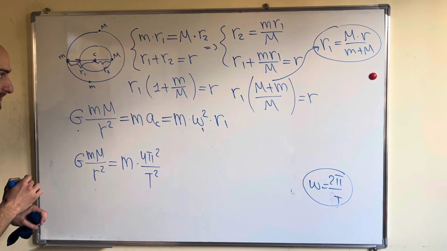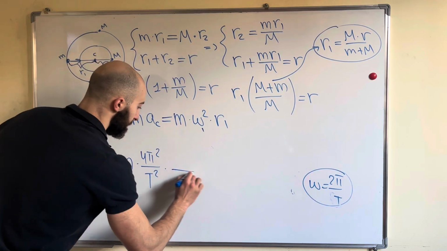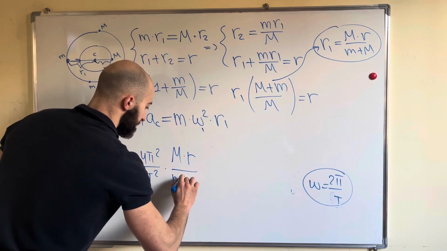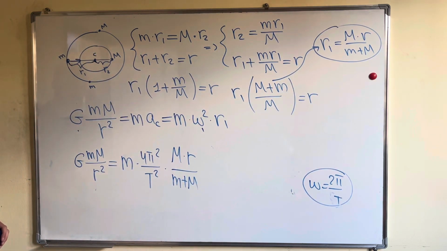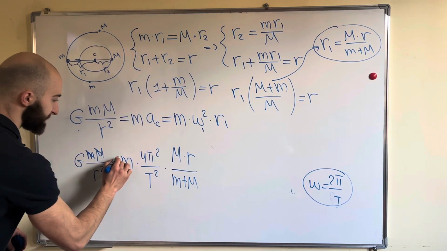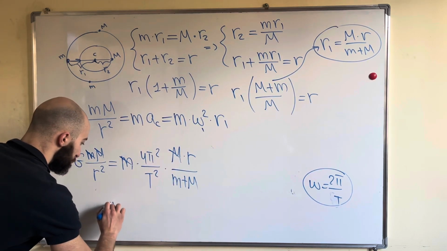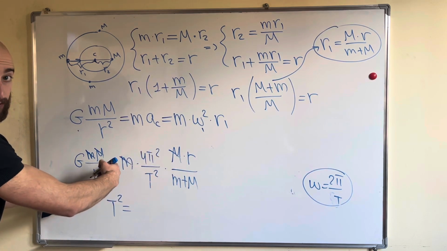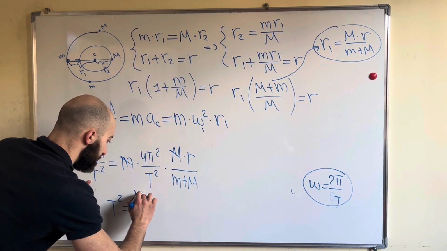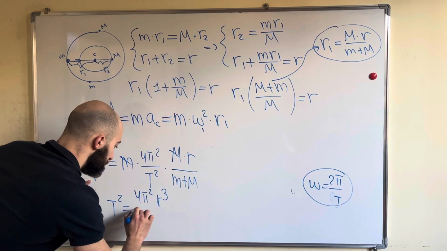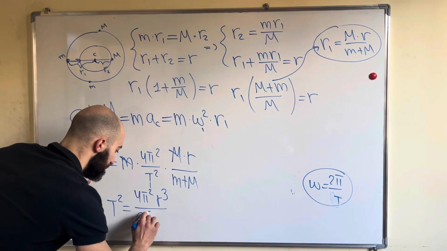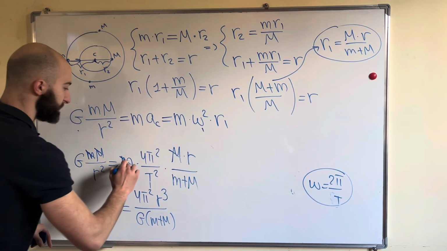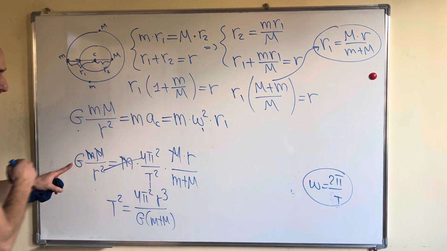And R1 is the big M times the radius divided by the sum of the masses. Now, the masses cancel, and what will be T squared? T squared will be these coefficients multiplied, which is 4 pi squared R cubed divided by G times (M plus m).